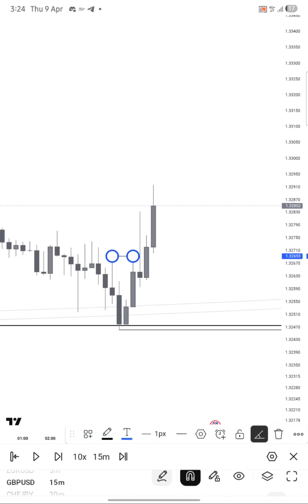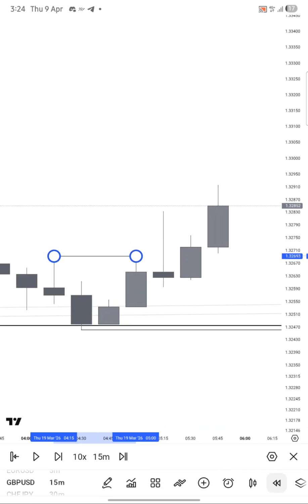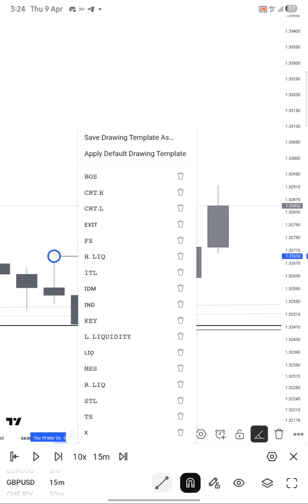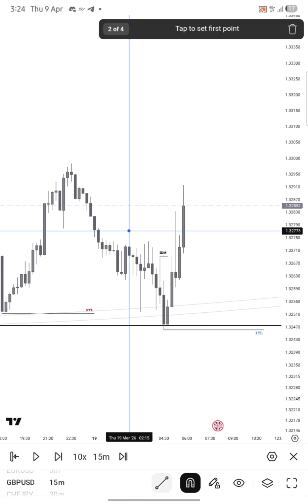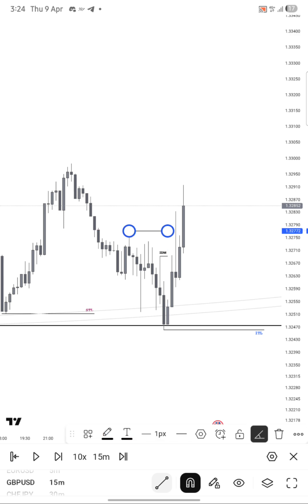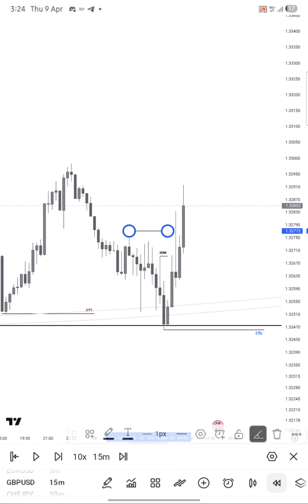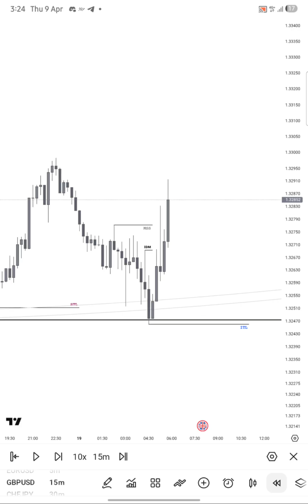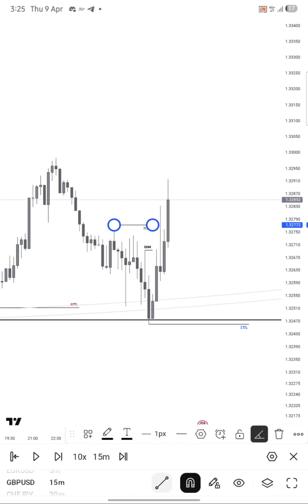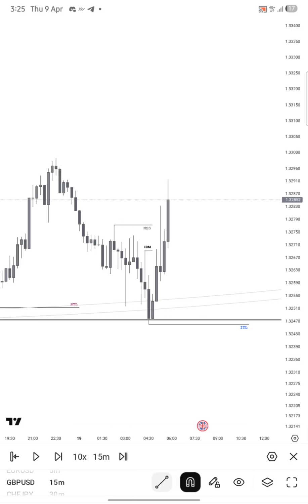When price breaks this one, we will call it the inducement level. This is a market structure shift for the 50-minute time frame. I want you to see it for the time frame. If we go to the 4-hour chart, this could be an inducement for a 4-hour chart.